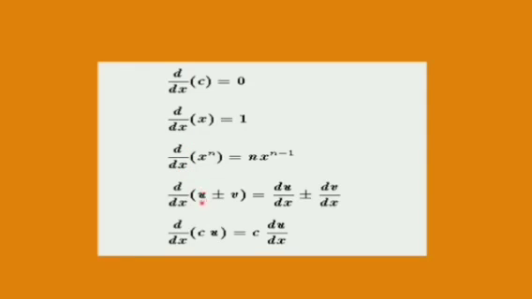Say in place of y I have u or v, other functions, but they should be dependent upon x, then only I can take the derivative of u with respect to x and of v with respect to x, and the plus and minus signs will come as they are.